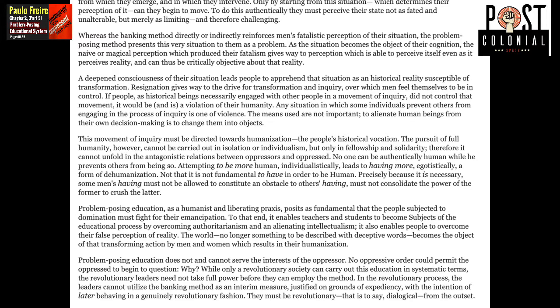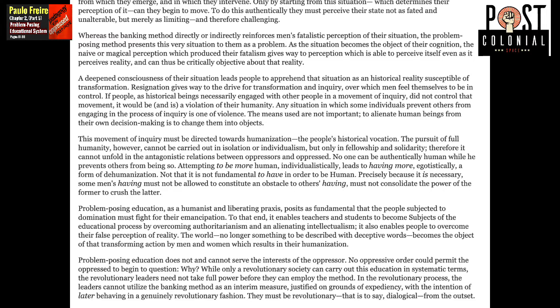A deepened consciousness of their situation leads people to apprehend that situation as an historical reality susceptible of transformation. Resignation gives way to the drive for transformation and inquiry, over which men feel themselves to be in control.